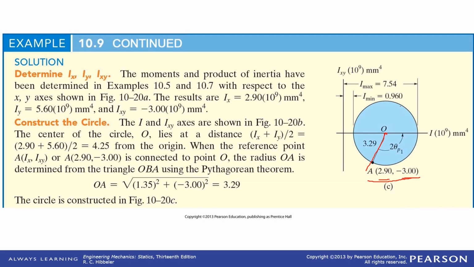Let's see, constructing the circle. Let's see what the book talks about. So Ix is this, Iy is this, just like we found before. O is Ix plus Iy over 2. There we go. 4.25 from the origin, from this origin.